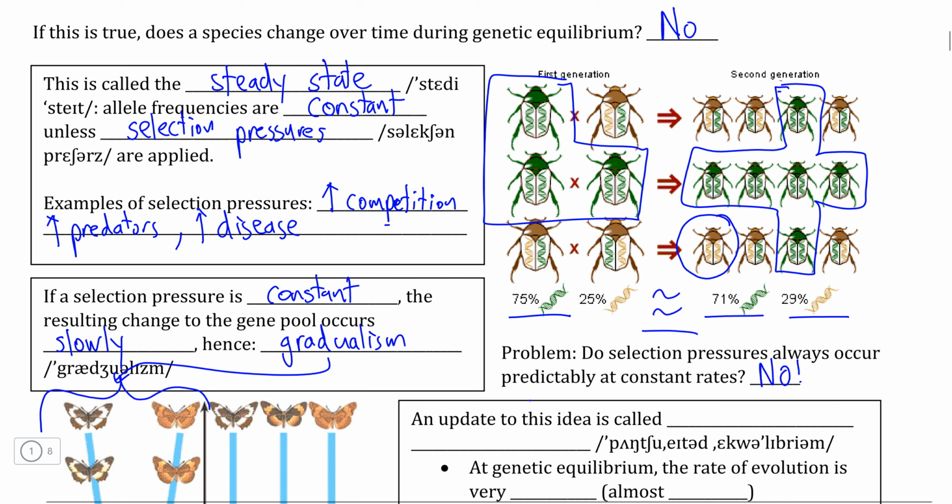That would obviously be no. Is the predator population going to remain completely constant over the entire course of these beetles' lives? Again, that answer is no, and this unpredictability becomes even more obvious when we factor in quote-unquote natural disasters like disease, drought, or fire, or other environmental selection pressures such as that.